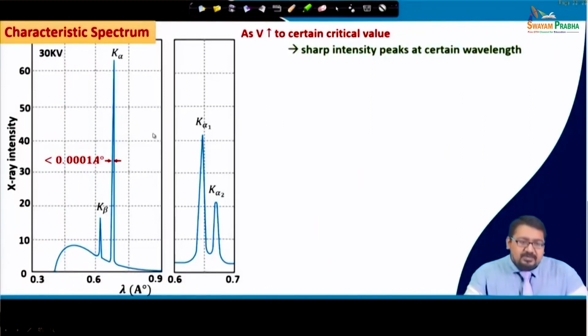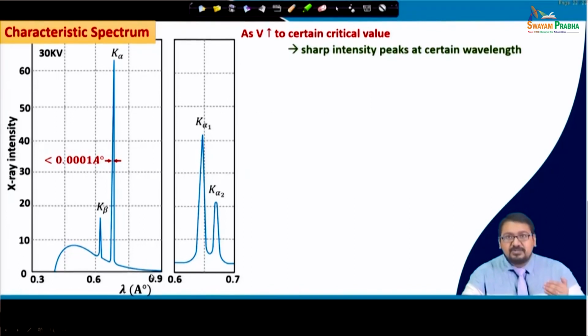So if we magnify that part of the curve and show it, here X is also wavelength in Angstrom, and Y is X-ray intensity in arbitrary units, and you can see that the K alpha may look like this and the K beta may look like this. So K alpha forms at a little higher lambda than the K beta, and K alpha has a much higher intensity as compared to the K beta.